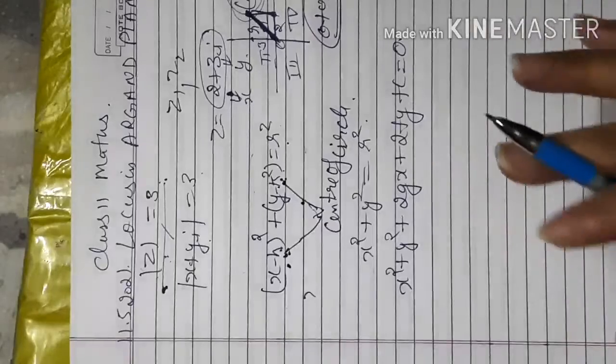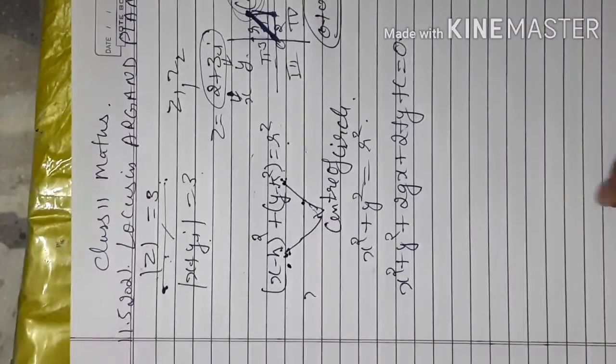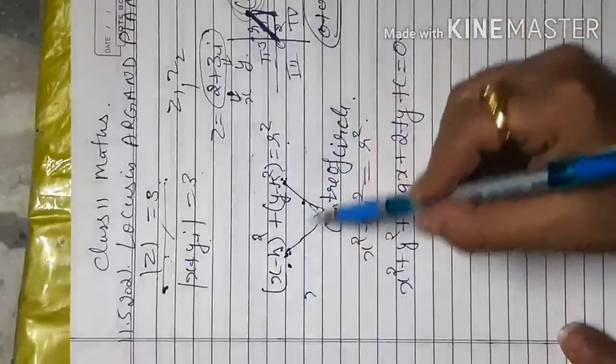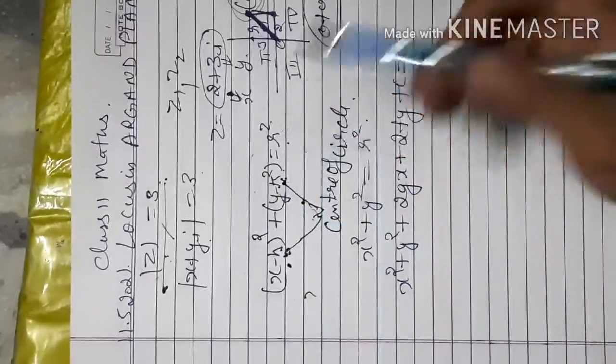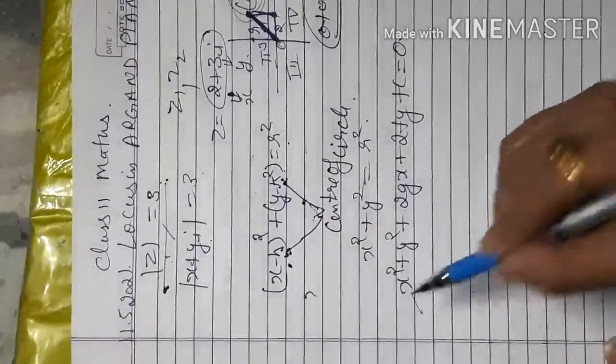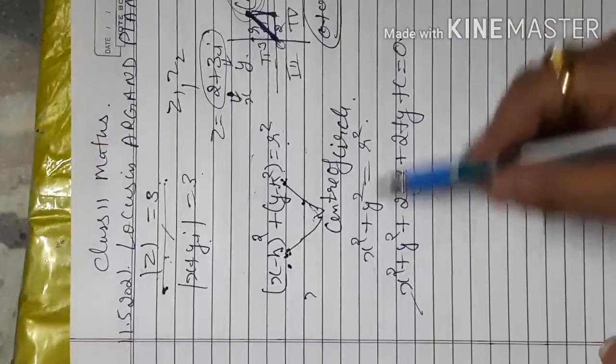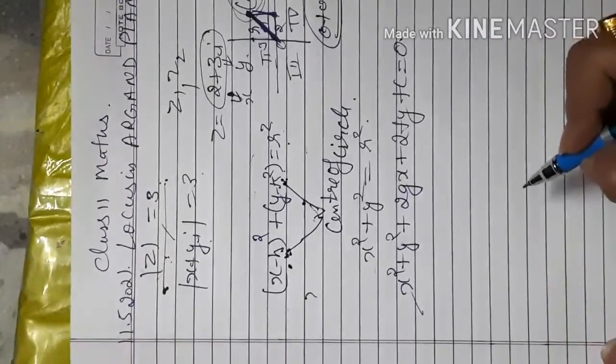But first I will tell you the basic equations of this. One equation is in this form, in which we can directly write the center and the radius. Second, if my circle equation is in the form of a second degree equation, how can I find the center?